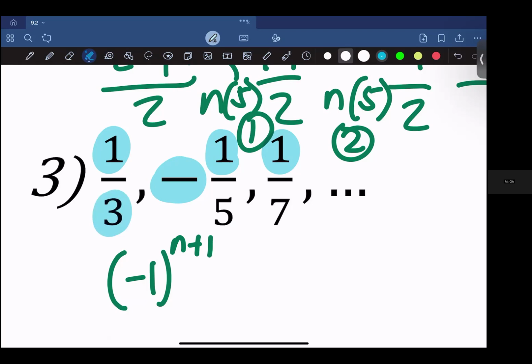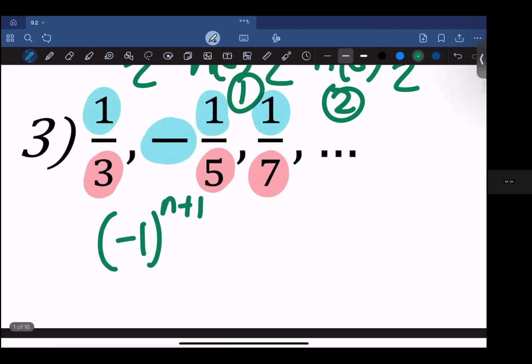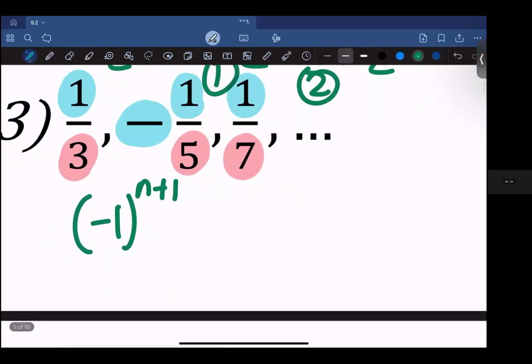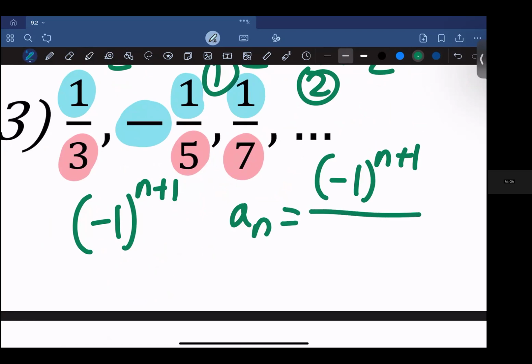And what is changing is the 3 in the denominator, 5, and the 7. So if we're looking at this, like I said earlier, this 1 is not changing on top. But the denominator, how are we going to get this 3? I know I'm going to have to deal with an n as our term change, right?